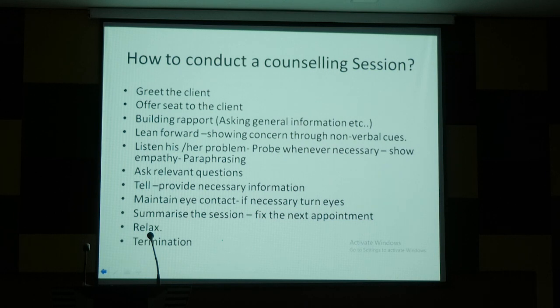Suppose the patient is telling something you think is irrelevant, then you turn your eyes away from the client. But otherwise, you have to make eye contact with the patients. Then at the end, summarize the session. Fix the next appointment. Then relax. Okay, that is all about conducting a counseling session. Okay, thank you for your presence here.